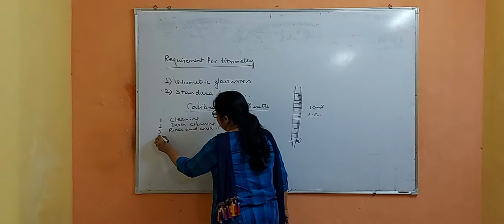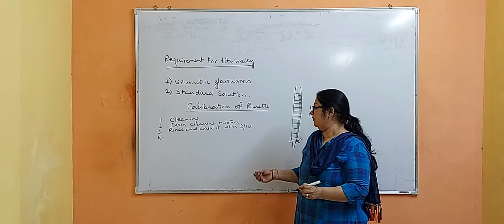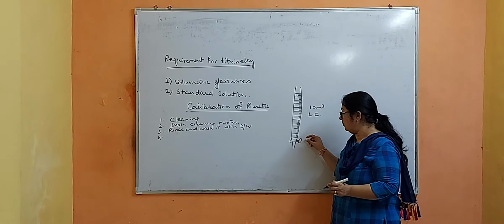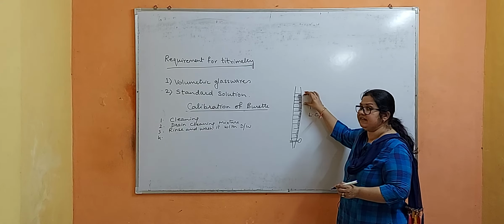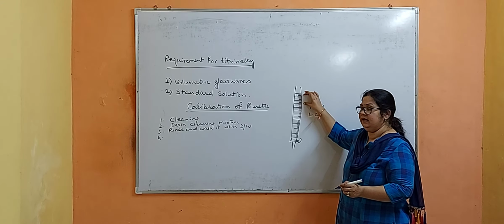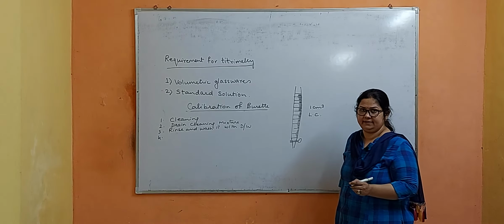Now in the fourth step, you will fill the burette with a liquid. You have to adjust the stopcock to deliver a fixed amount of liquid into a clean, previously weighed flask.